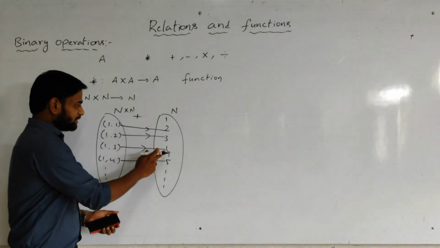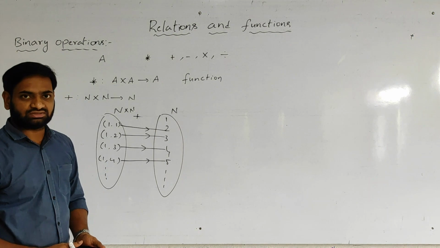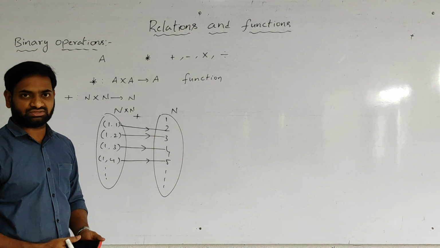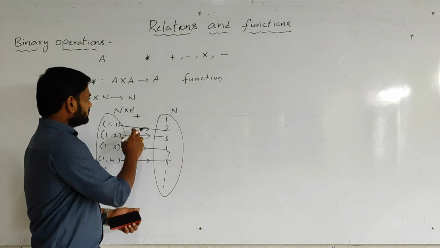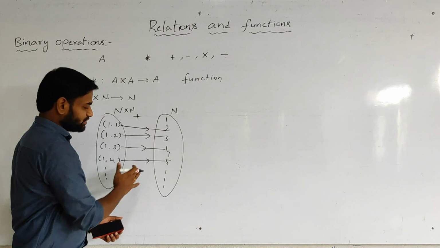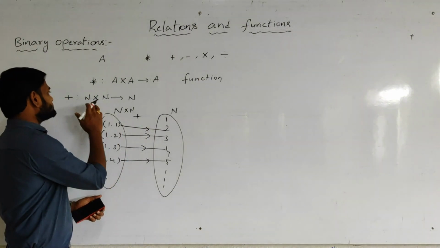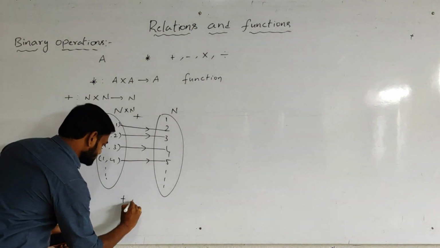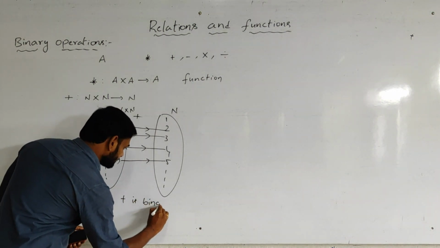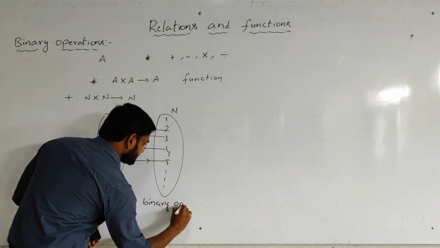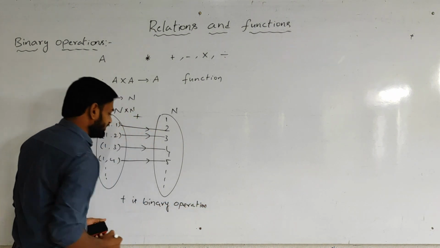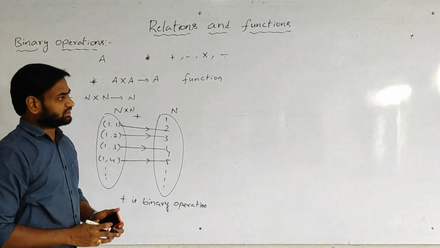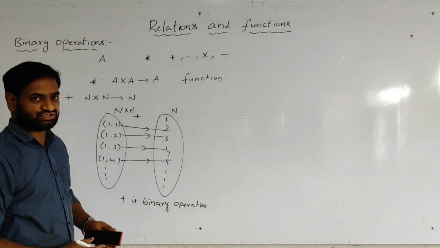Next, for (1,3), the image is 4. Only one image. So every element has only one or a unique image. Then we can say it is a function. So when N cross N to N is a function, then you can say plus is a binary operation, or addition is a binary operation on natural numbers. That is the binary operation definition.